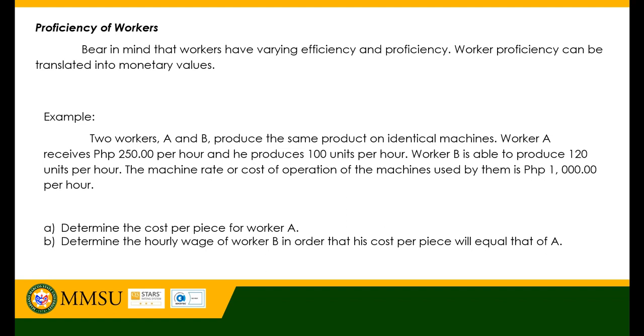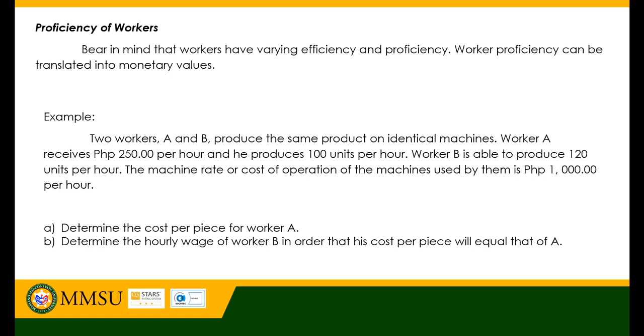Wow. Worker B is able to produce 120 units per hour. The machine rate or cost of operation of the machines used by them is 1,000 pesos per hour. So 1,000 pesos per hour yung rate ng machine.